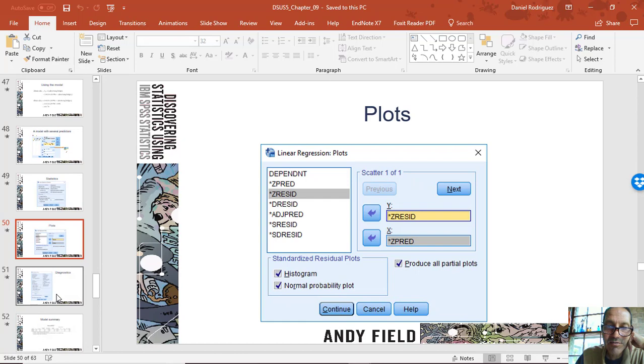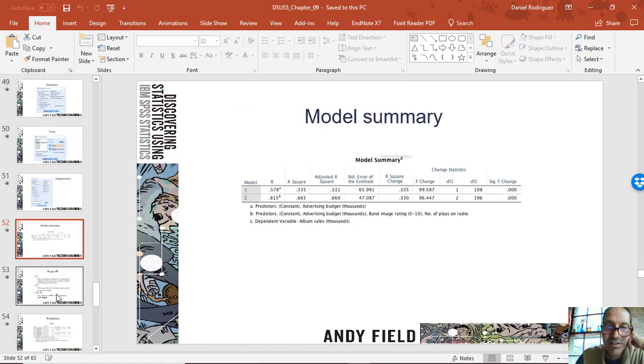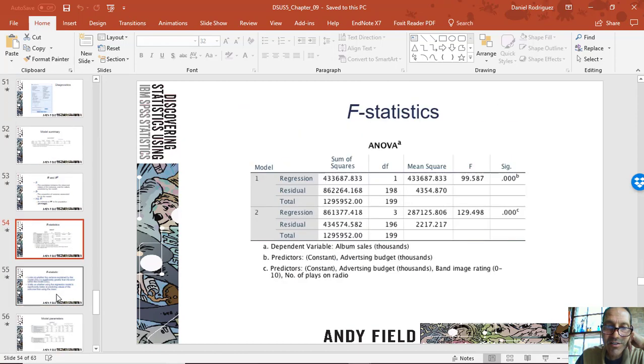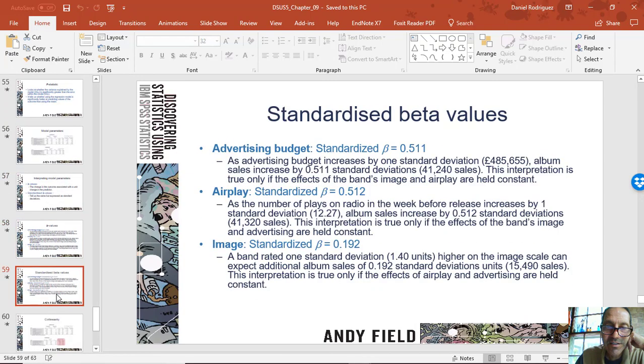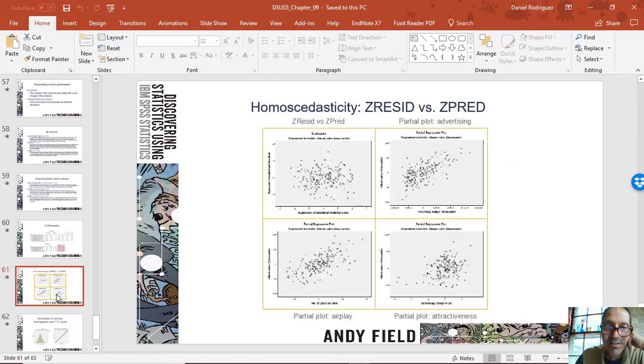We'll do this Z residual with the Z predictor, to see if they have a good figure. Any good figures here? We'll talk all about this later. Oh, here you go, Z residual versus Z predictor.